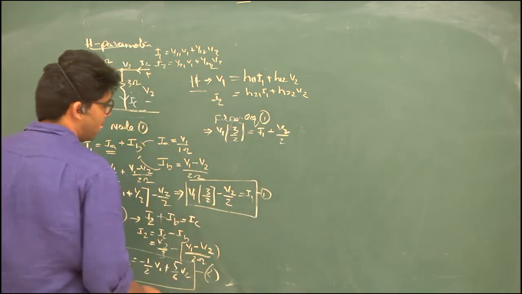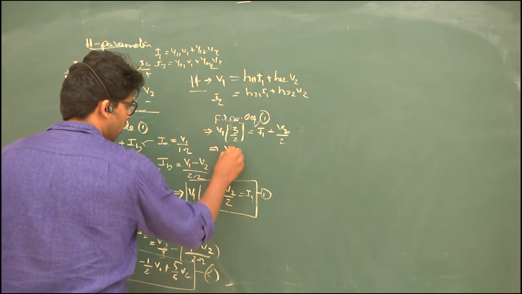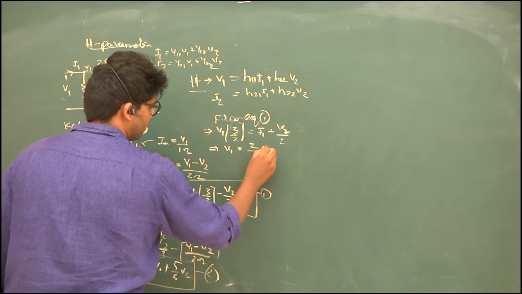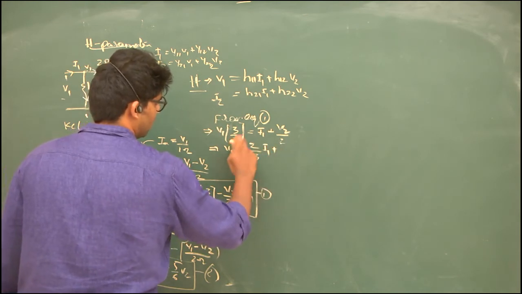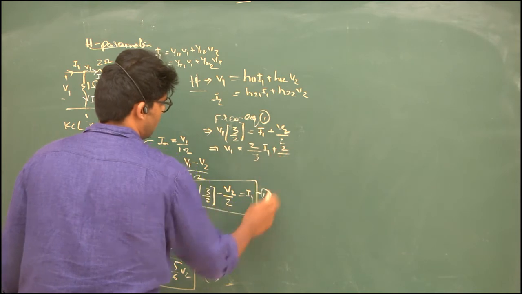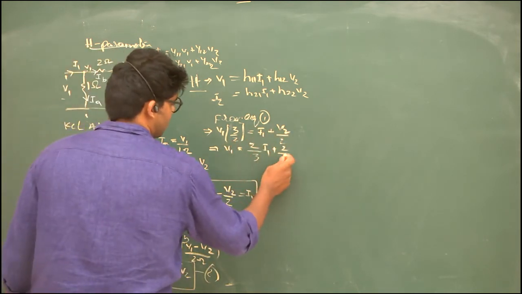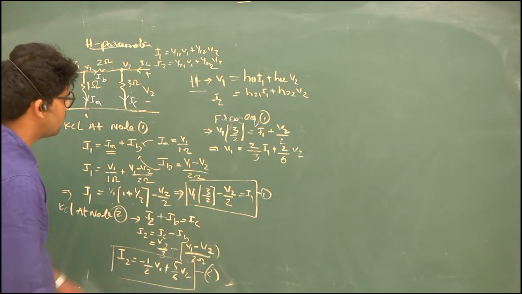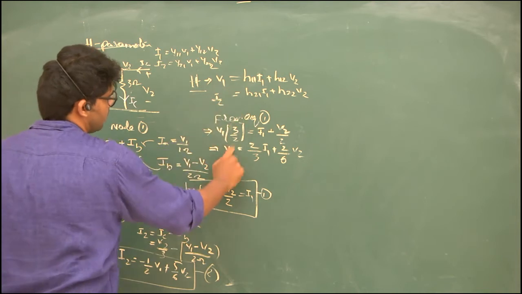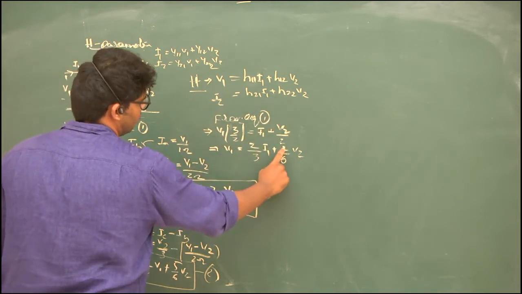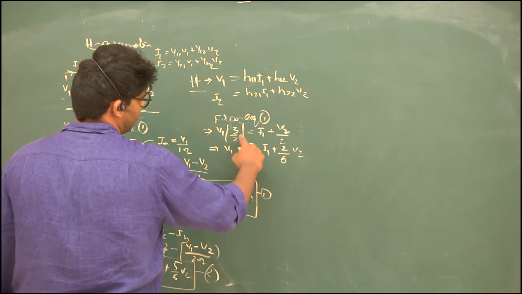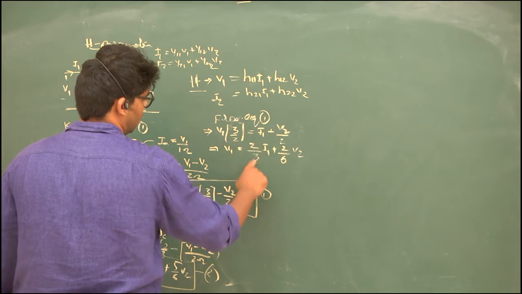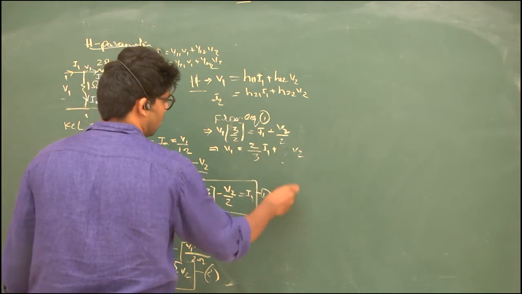Now sending the 3 by 2 to the other side, you will get 2 by 3 I1 plus 2 by 6 V2. This is the equation in the form of H parameters: V1 equals 2 by 3 I1 plus 2 by 6 V2, so this entire thing becomes 1 by 3.